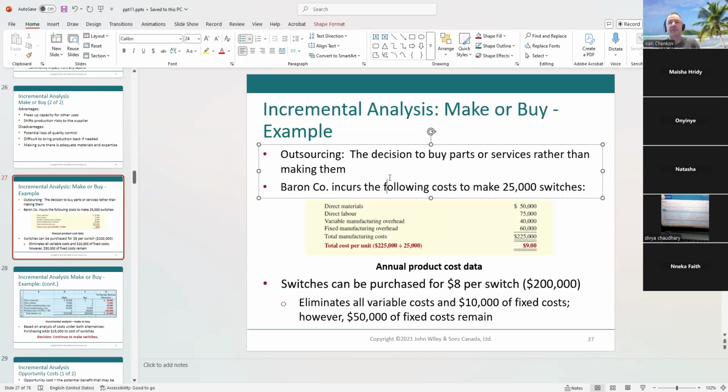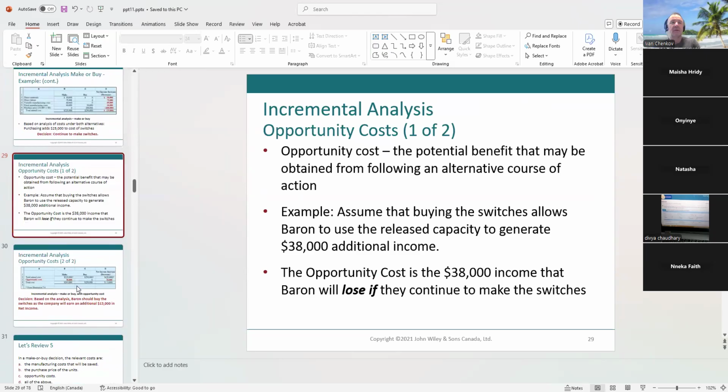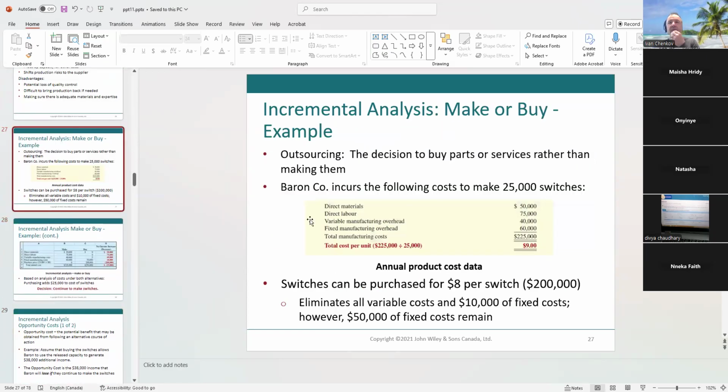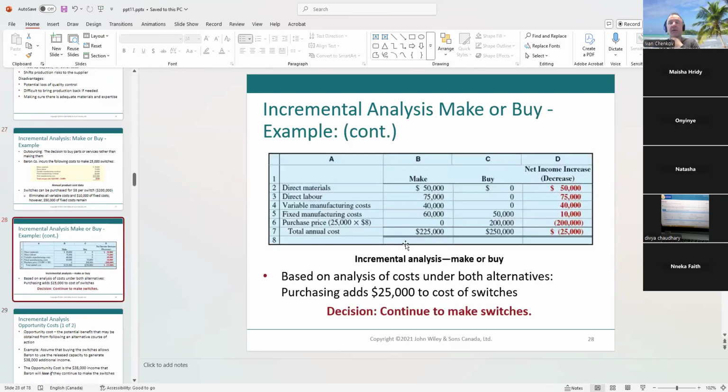Now let's see this question. I believe we did this in class. We don't have to do it here, but let's move on. The tricky part in this situation is that we end up with the conclusion that we have to make it, because if we make it, we're going to save $25,000.